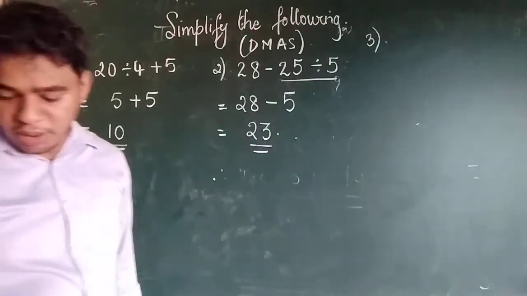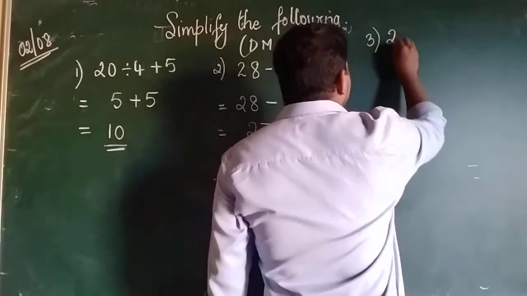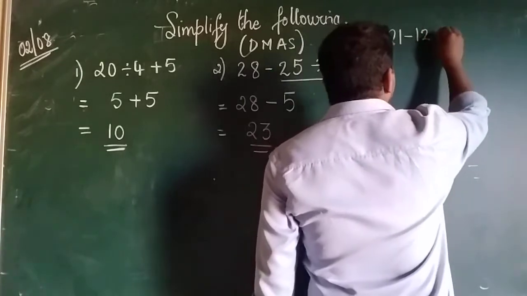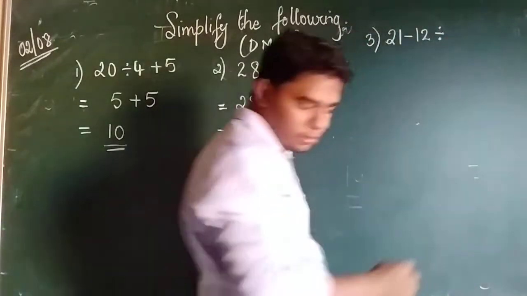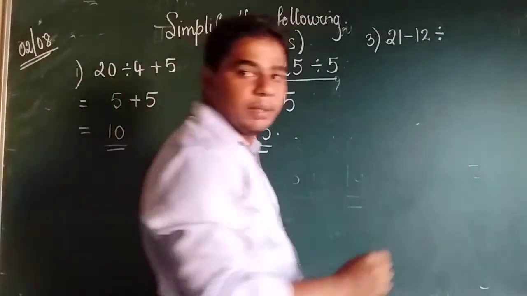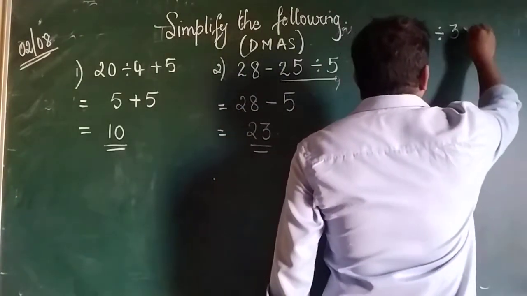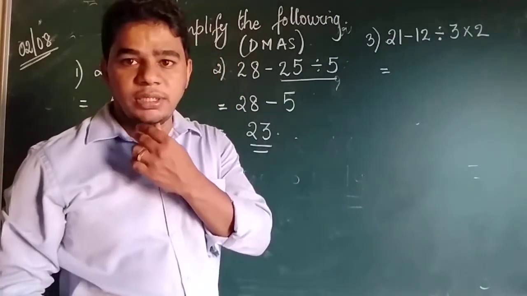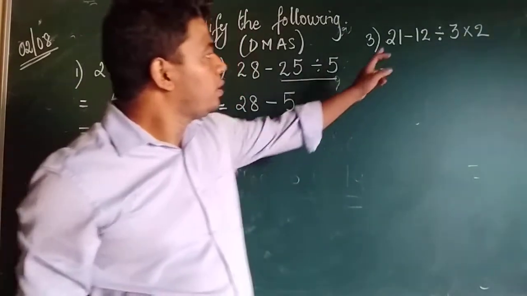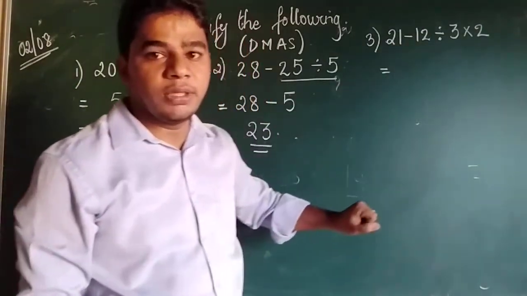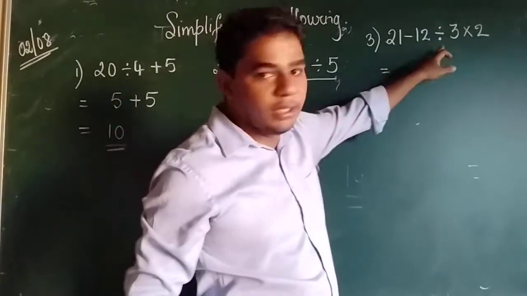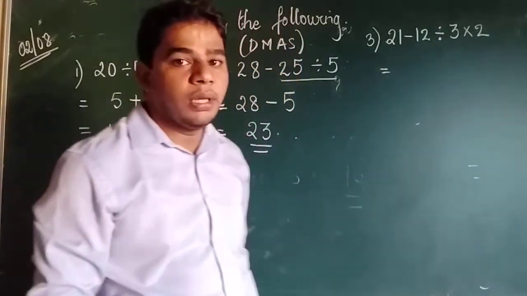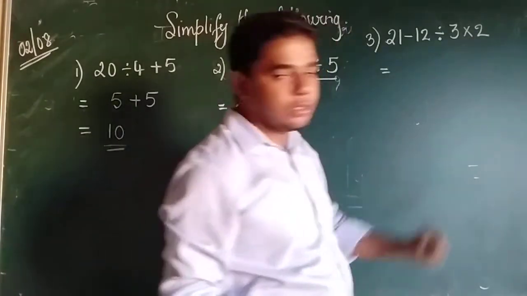Okay. Let's see the third one. 21 minus 12 divided by 3 multiplied by 2. Okay, so here we have 3 operations. One is subtraction, the other one is division, and the last one is multiplication.